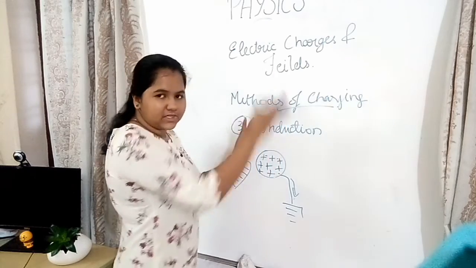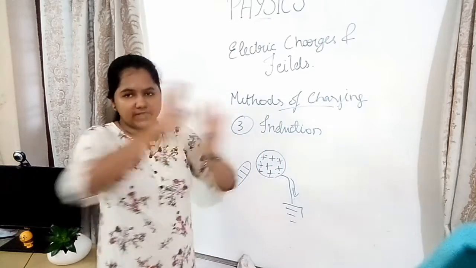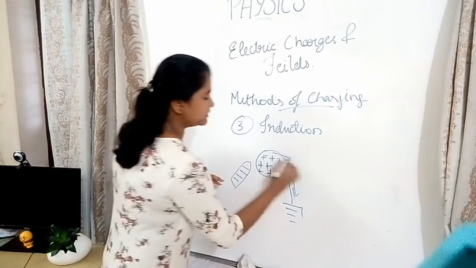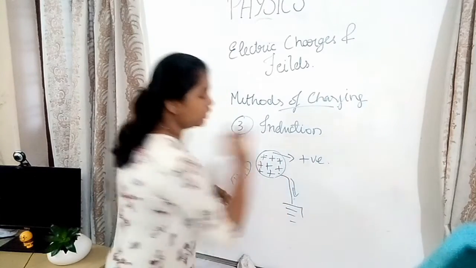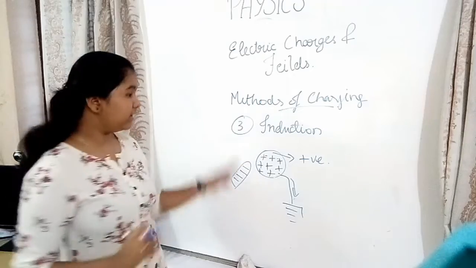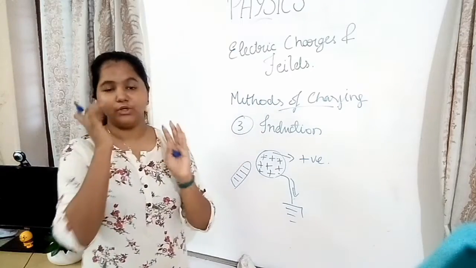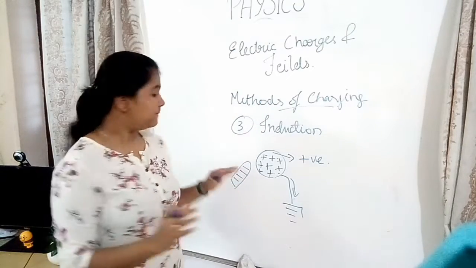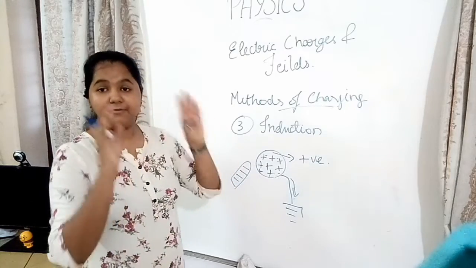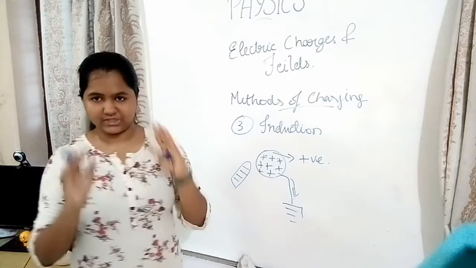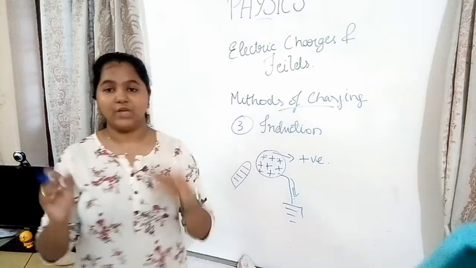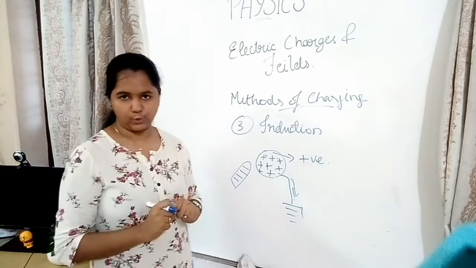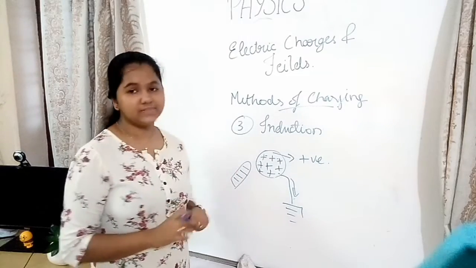The negative charges move down and this positive charge takes its place. So this becomes positive. What is the conclusion? When you induce, if the rod has a charge of minus 5Q, then the neutral body will have a charge of plus 5Q. So this is about induction.